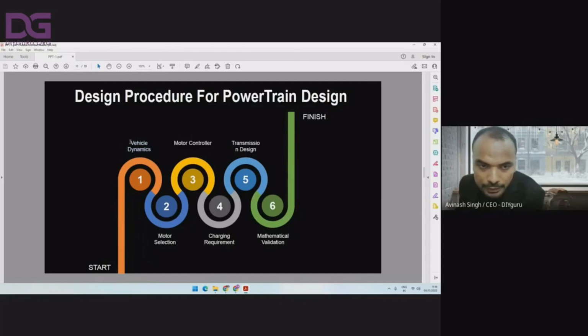In vehicle dynamics, I will show you the different forces, how toe angle varies, how suspension behaves, and how the steering behaves under bump phenomena, steering phenomena, and different motions.